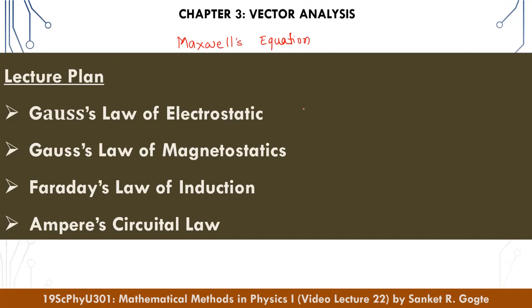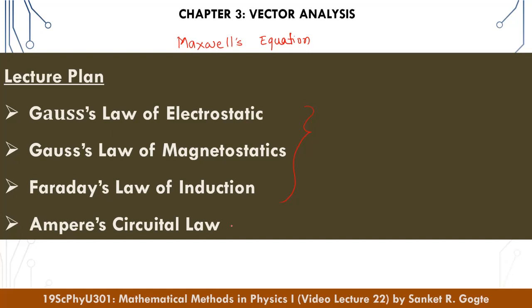These four laws together are called Maxwell's equations, which already existed when Maxwell proposed his electromagnetic theory. Maxwell did add one term in Ampere's circuital law, which is called the displacement current. We will see it. These four equations together are called Maxwell's equations because by using these four equations and the displacement current that Maxwell himself added to Ampere's circuital law, Maxwell showed that light is an electromagnetic wave.